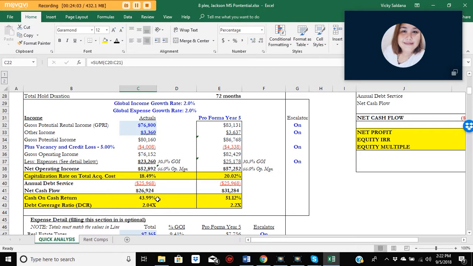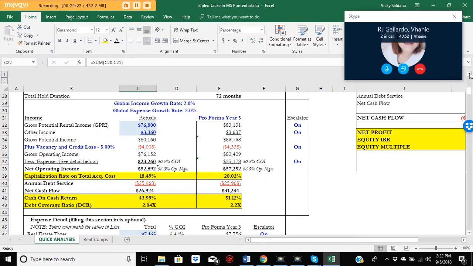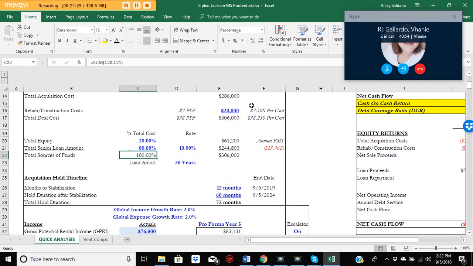In 2.5 years, you will make your money back, and the rest is all profit. Pretty neat. Debt cover ratio is 2. So that means it's making two times all the expenses. Does that make sense to everybody?